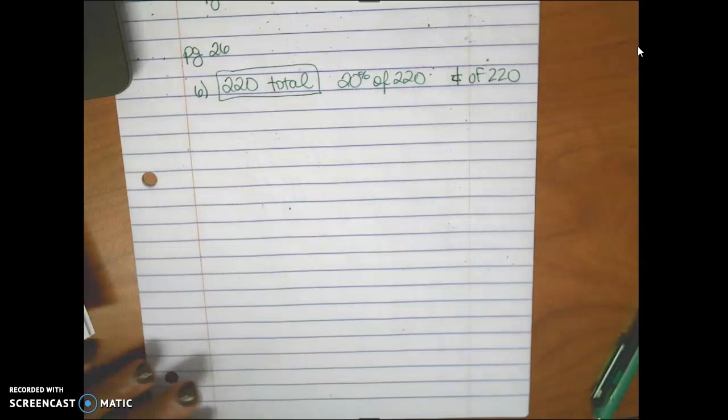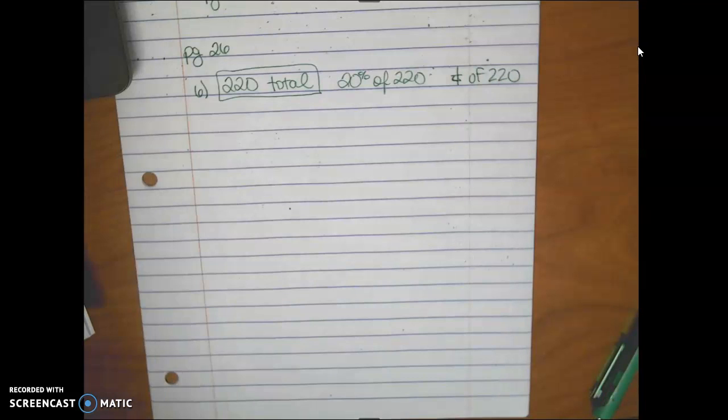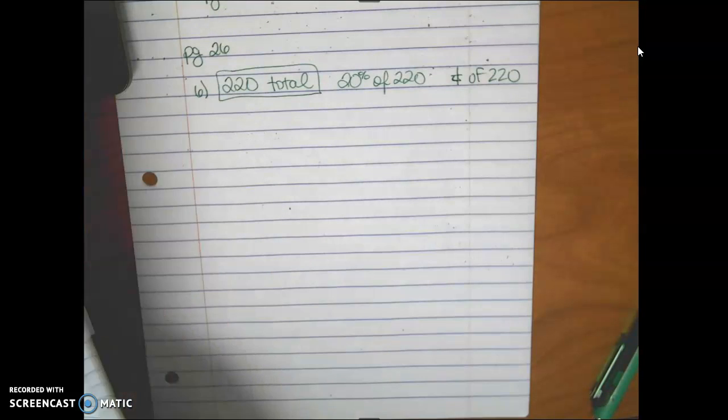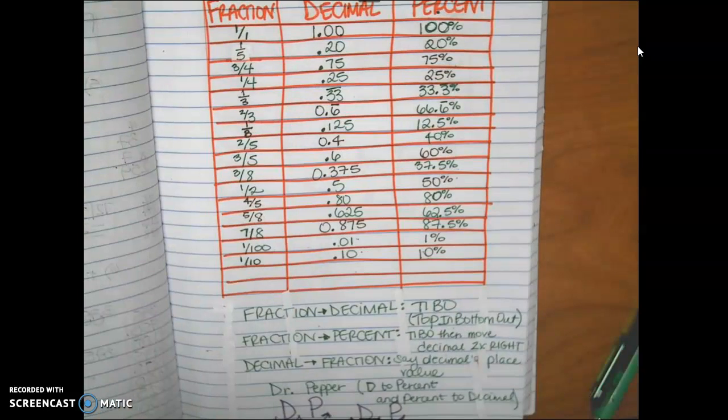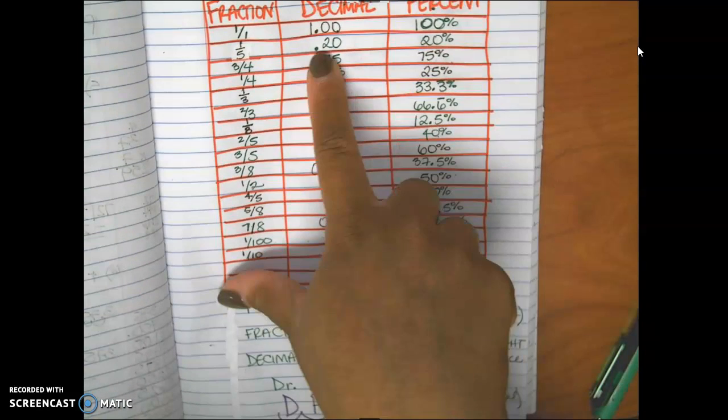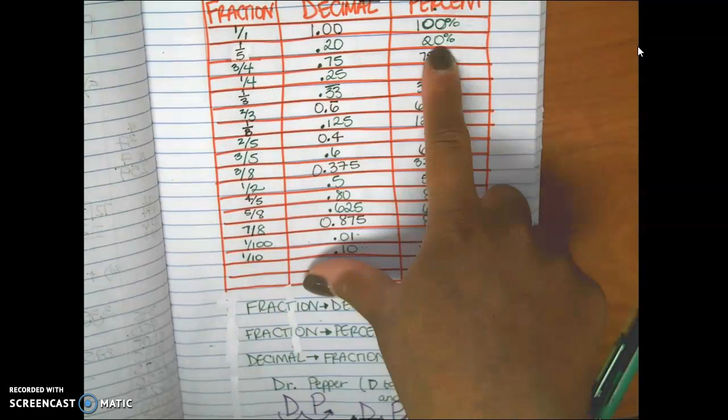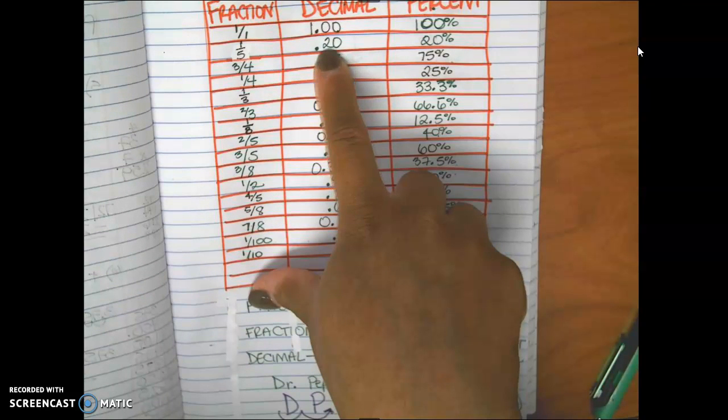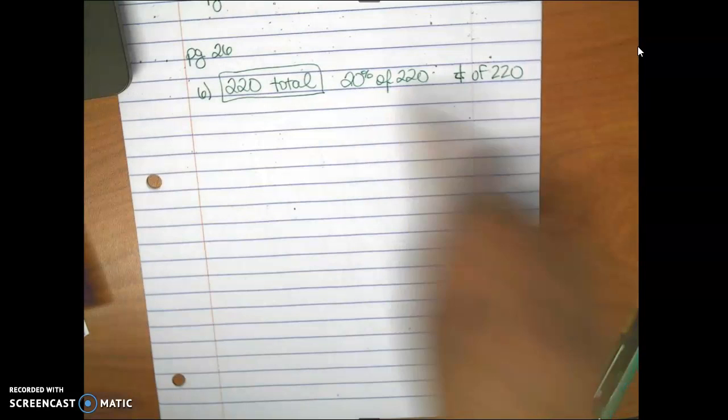I just took my notes today, and in order to multiply a percent by a number, I must convert it to a decimal. That is imperative. So if I look at my notes, because I don't know what 20% is off the top of my head, I'm going to go to my notes and see that 20% is 0.20. That 0 is optional.